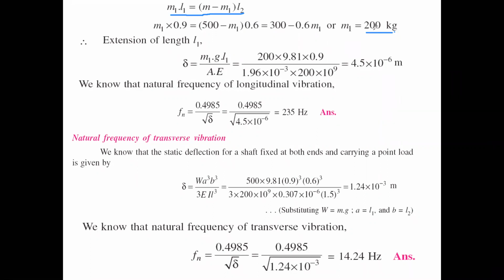Now that we know the m1 value, we substitute it in our deflection formula, which is the extension of the length. Delta equals m1 g l1 by AE. The compression of the length is equal as well.